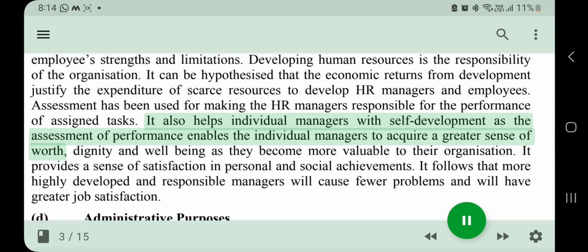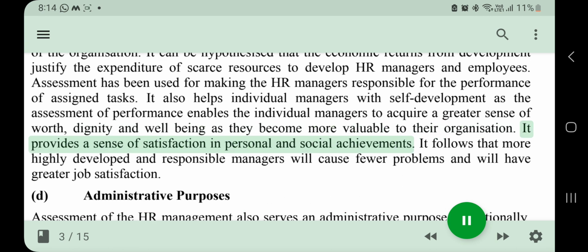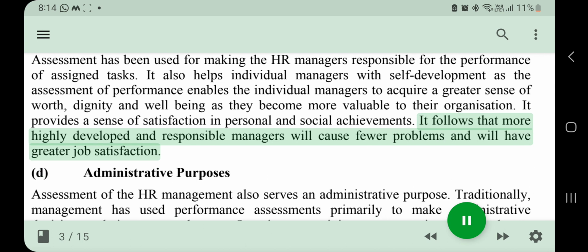It also helps individual managers with self-development as the assessment of performance enables the individual managers to acquire a greater sense of worth, dignity and well-being as they become more valuable to their organization. It provides a sense of satisfaction in personal and social achievements. It follows that more highly developed and responsible managers will cause fewer problems and will have greater job satisfaction.